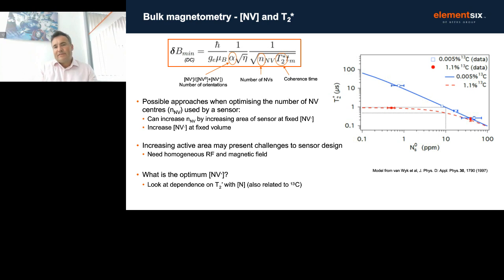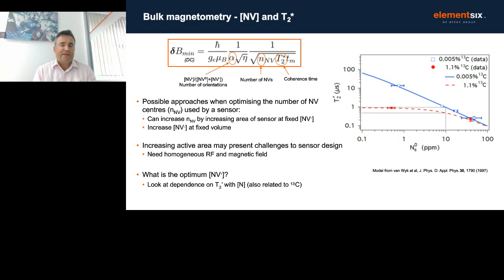So the plot on the right shows on the x-axis increasing number of spins. The y-axis is T2 star. So in simple terms, for a very low number of spins, the T2 star is a maximum because the spin in the material does not feel the impact of any other spins in the environment.